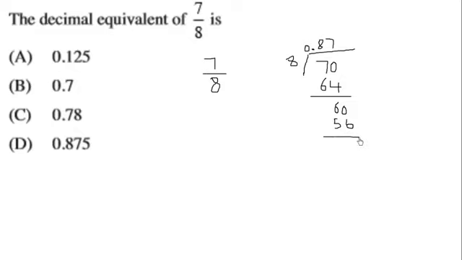So we subtract again, we get 4. So 8 cannot go into 4, multiply by 10 again. Now 8 goes into 40 how many times? 5. Therefore 8 times 5 will give you 40.